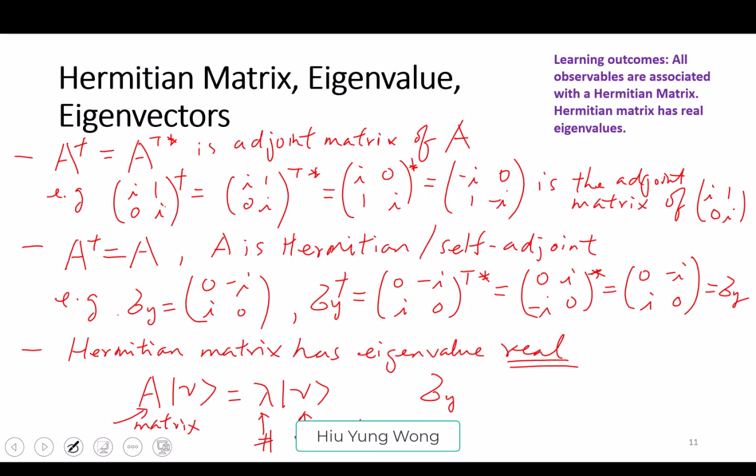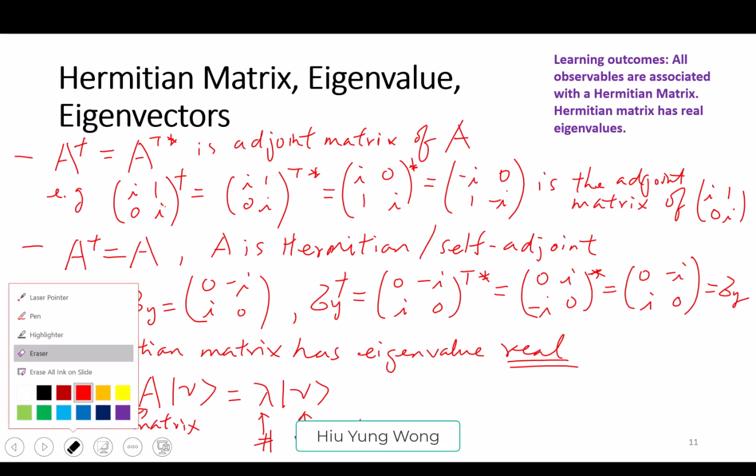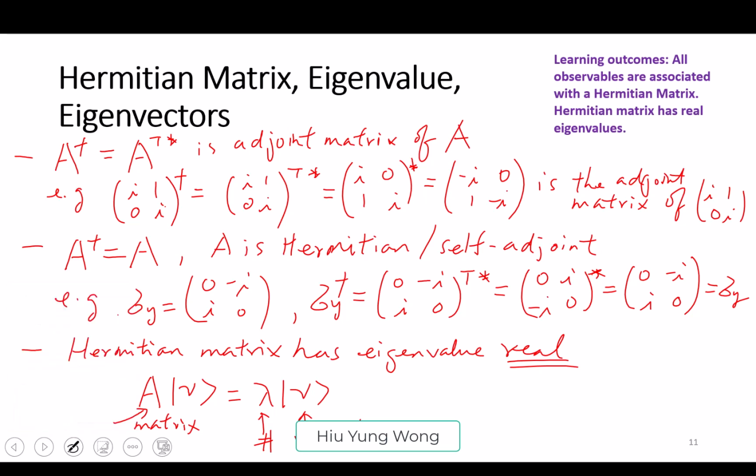For example, you will be able to find sigma y times a certain vector. I kind of forgot the eigenvector of sigma y, so let me not use sigma y. Let's say sigma z. I'm not going to talk about sigma z yet, but I can tell you Z times a certain vector equals minus 1 times that vector.